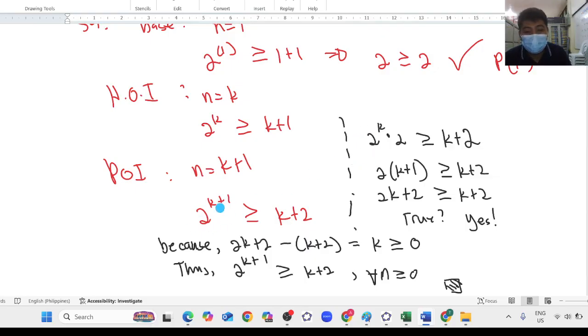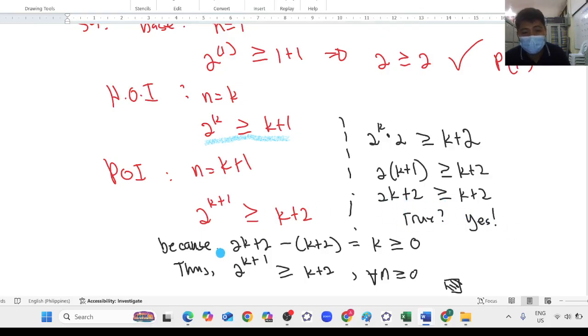After this one, 2 raised to k plus 1, can we write this as 2^k times 2 greater than or equal to k plus 2. And note that 2^k is greater than or equal to k plus 1. So we have 2k plus 2 greater than or equal to k plus 2. Is this true?